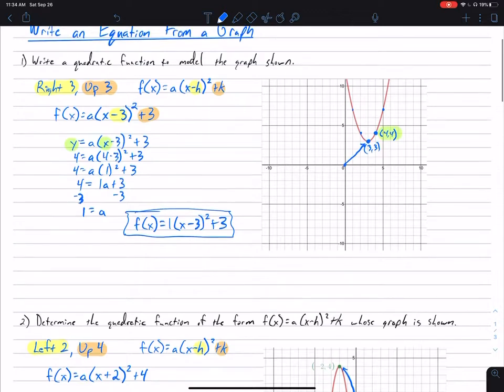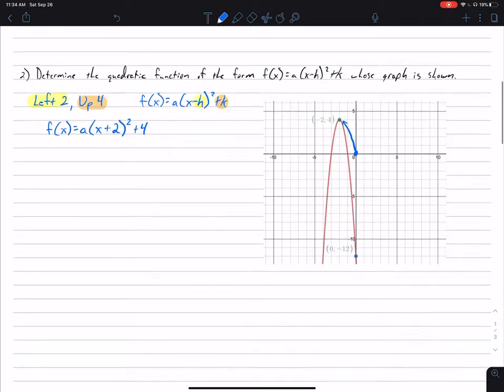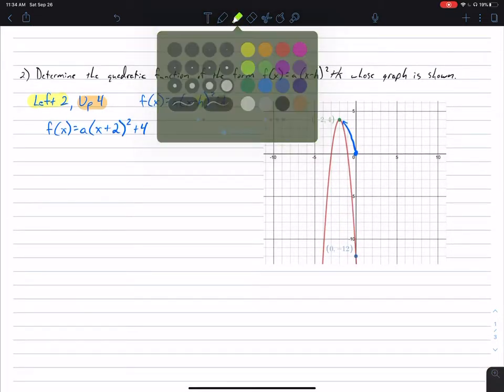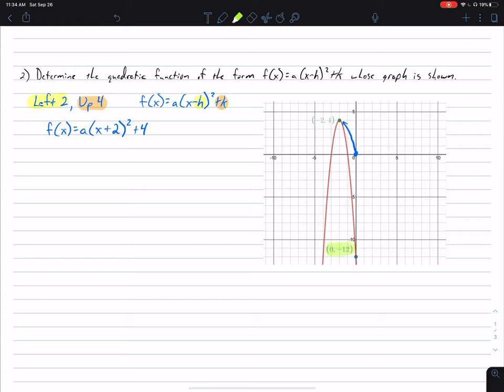So if I go back here, what I did is I took that second point. In the last problem, it was (4, 4). This time they gave me the point. It was very kind of them. (0, negative 12). So I'm going to use that (0, negative 12), and I'm going to plug in those values. Let's rewrite this with the y value so it's a little more clear what we're plugging in.